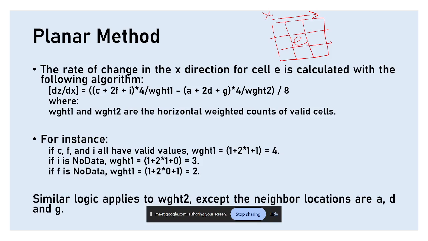But just for your understanding, first the rate of change will be determined in the x direction for the cell E. They've also given an example. If C, F and I all have valid values, valid in the sense that there is no flat or no data, then weight 1 will be 1 plus 2 into 1 plus 1.